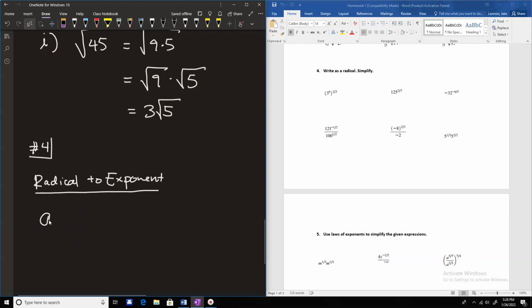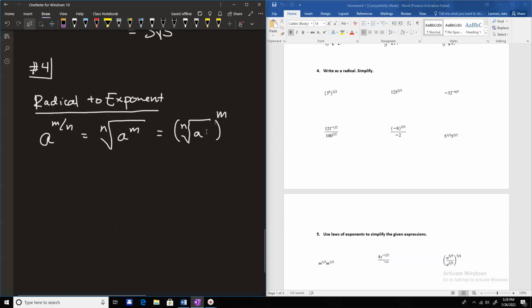So basically, if you have a to the m divided by n, the bottom of the number is like the root. So n is the root, and m is the power. So you could write it like that, or equivalently, you could also write it as the nth root of a to the mth power. It all kind of depends. So for some of these, you're just writing them as the radical and then simplifying.